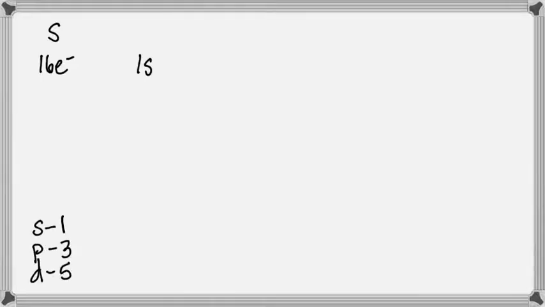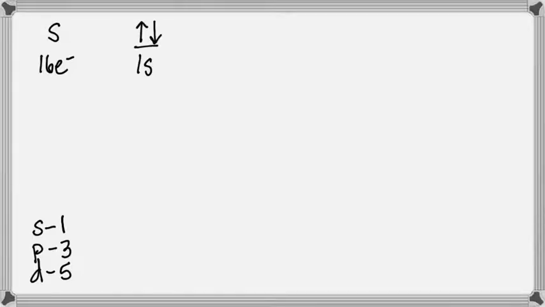Let's do the orbital notation for sulfur. Find sulfur on the periodic table. It has 16 electrons. Again, you're looking at the atomic number to find the number of electrons. Start with the lowest energy sublevel first, 1s. An S sublevel has 1 orbital, P has 3, D has 5, so we can only do 1 orbital line.